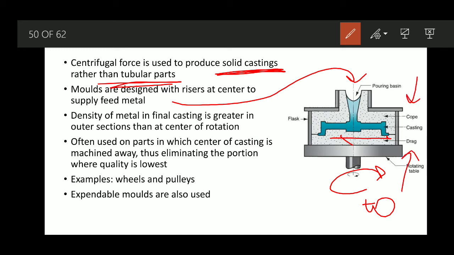Now the casting is already there in the blue part. The riser will be there, and due to the centrifugal force, metal will be distributed radially, this side, that side, everywhere. As the riser is inside, it is going to compensate for all the shrinkages, and this part also is going to be filled up.